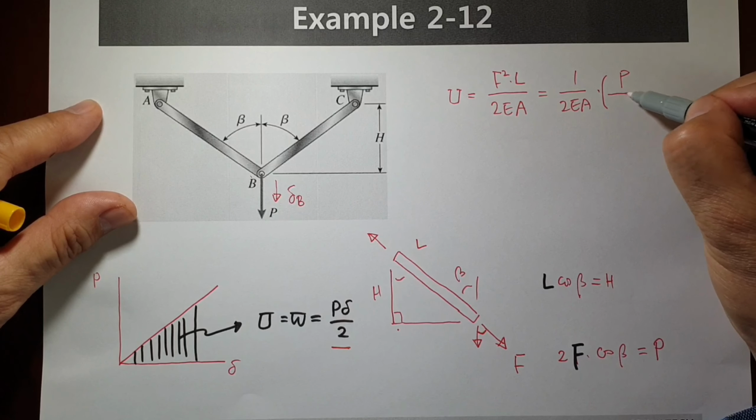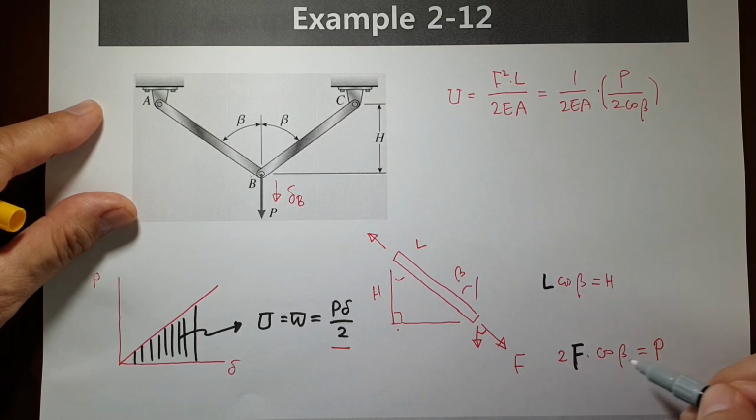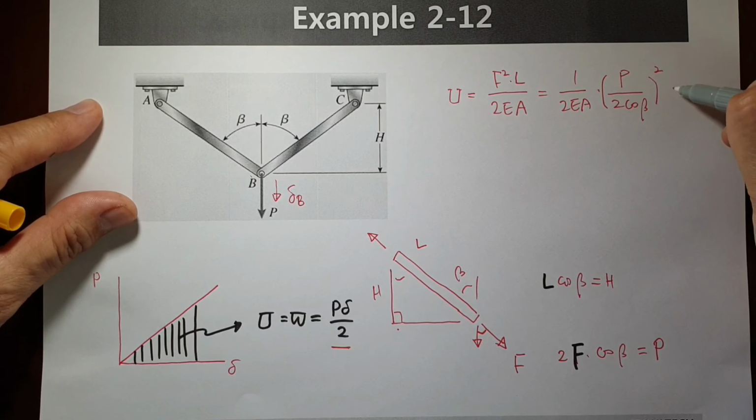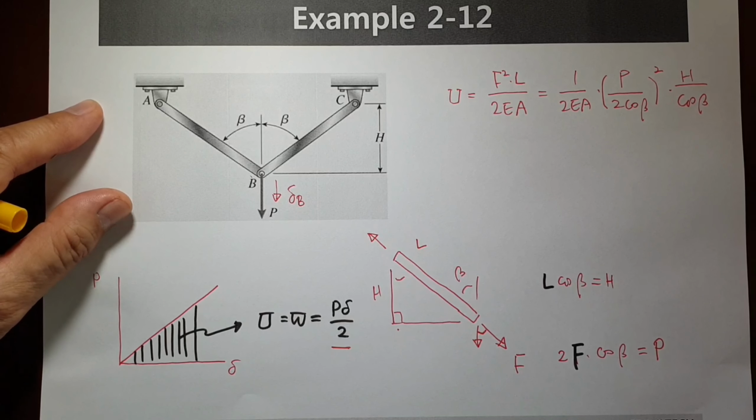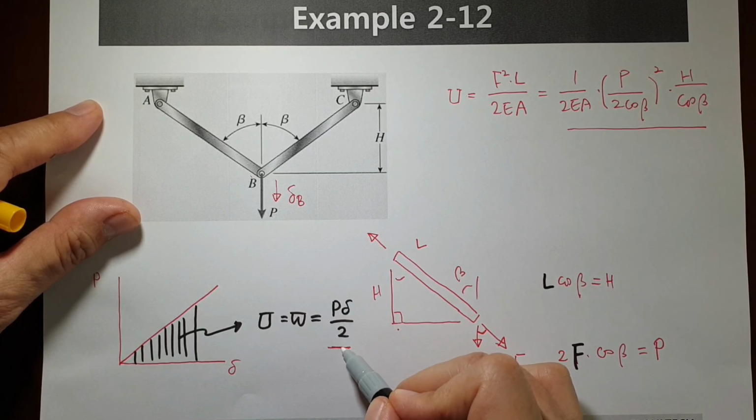P over 2 cosine beta, squared, times L. L is H over cosine beta.